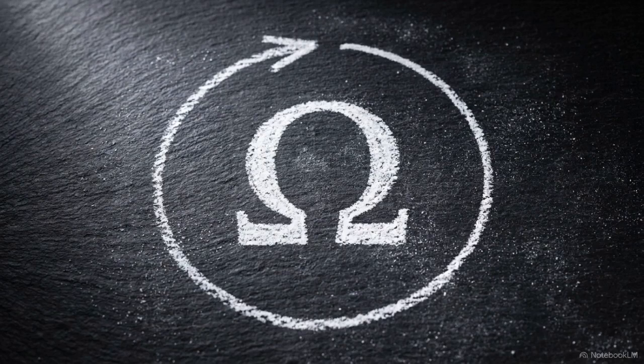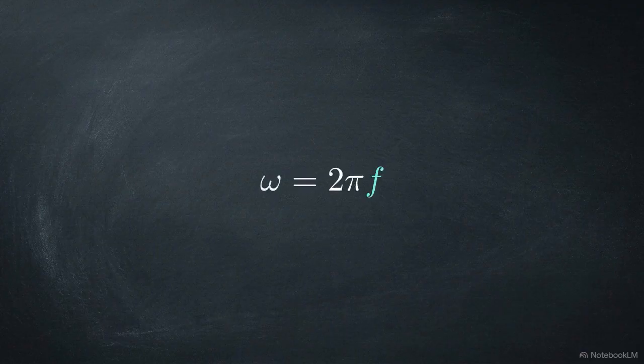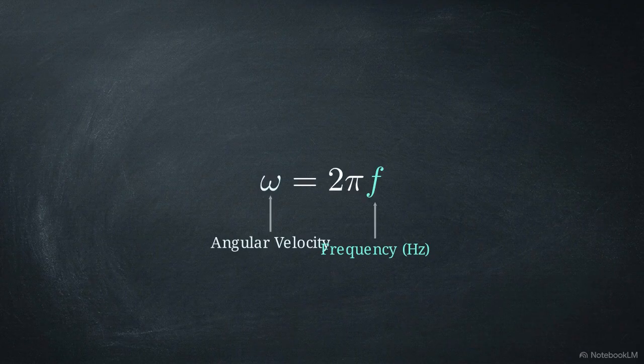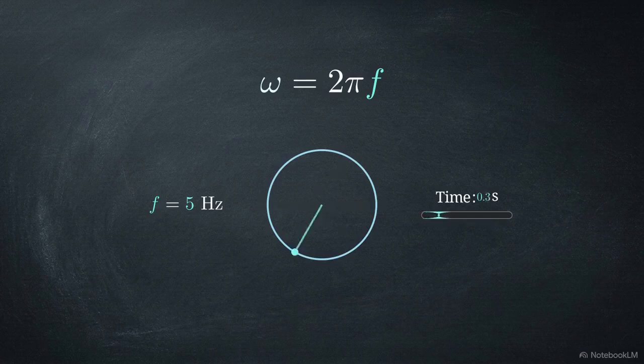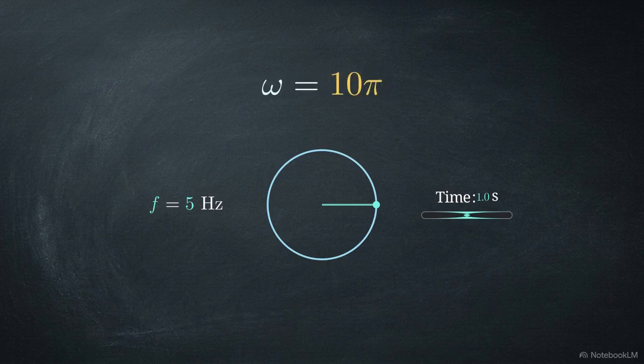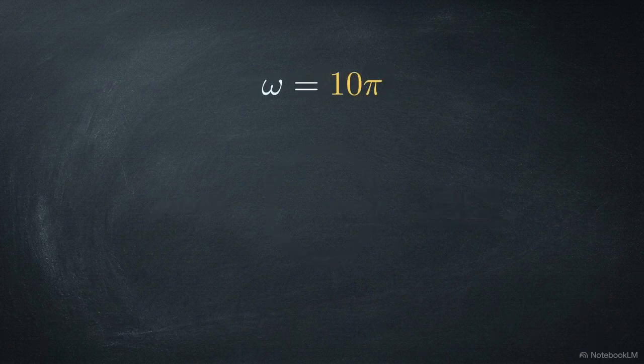To make this practical, we have to quantify that rotation speed. We call it angular velocity, denoted by the Greek letter omega. This formula links the angular velocity directly to standard frequency. Omega equals 2 pi multiplied by the cycles per second. If we measure a real-world frequency of 5 Hz, we can drop that straight into the equation. 2 pi times 5 gives an angular velocity of 10 pi.